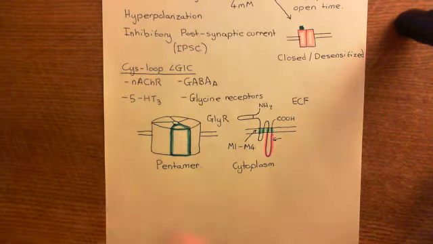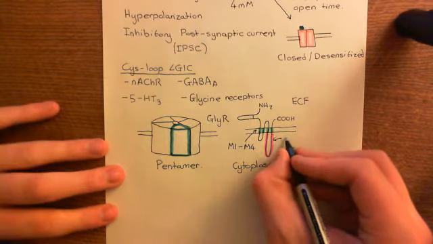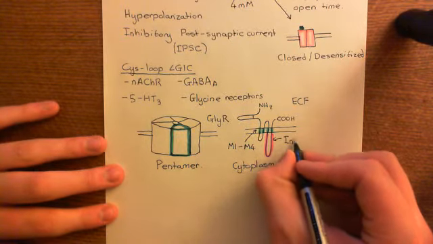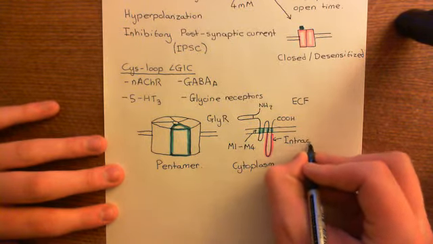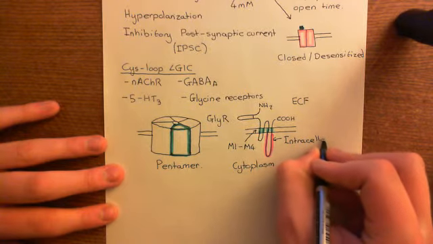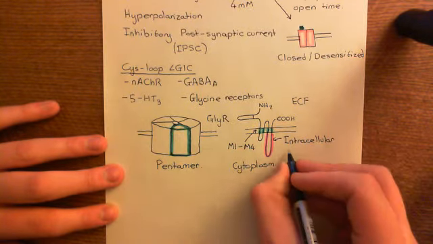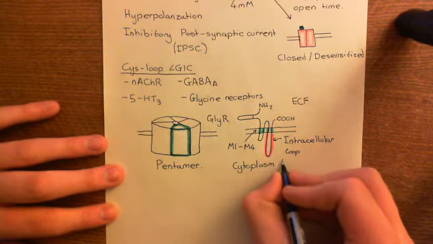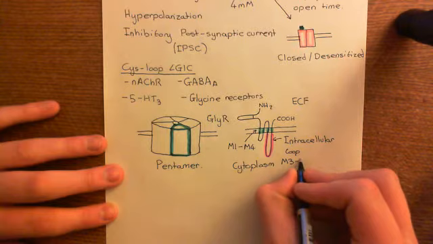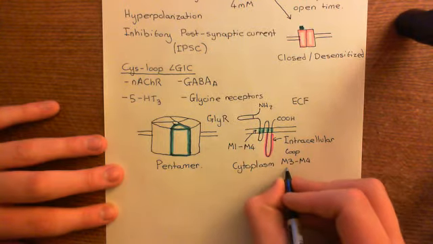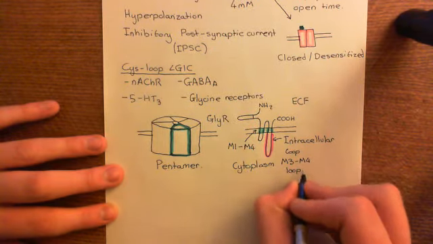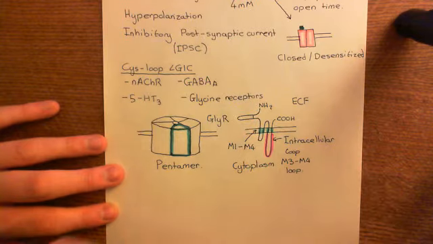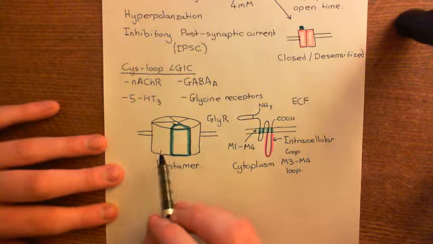Then we have this large intracellular loop, also known as the M3-M4 loop, but more commonly just called the intracellular loop. This basically makes the intracellular domain of the glycine receptor.